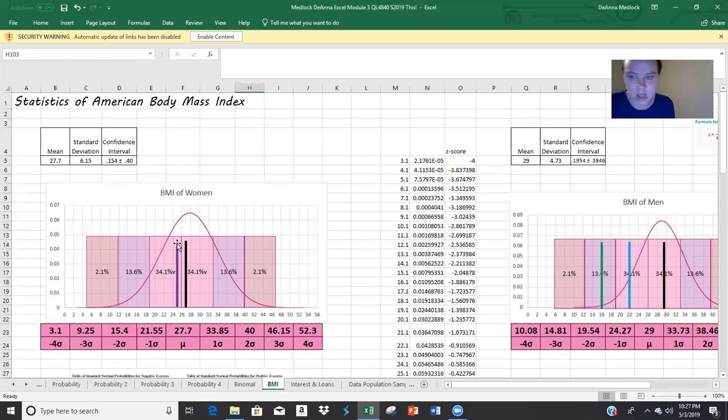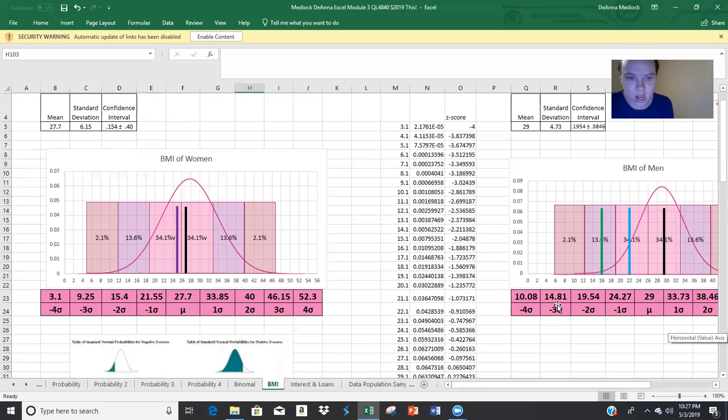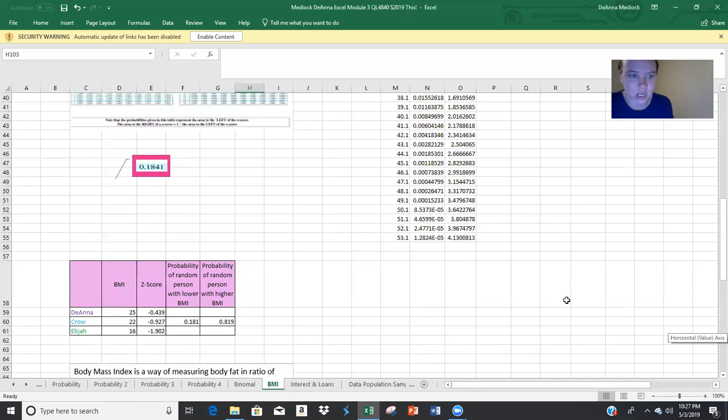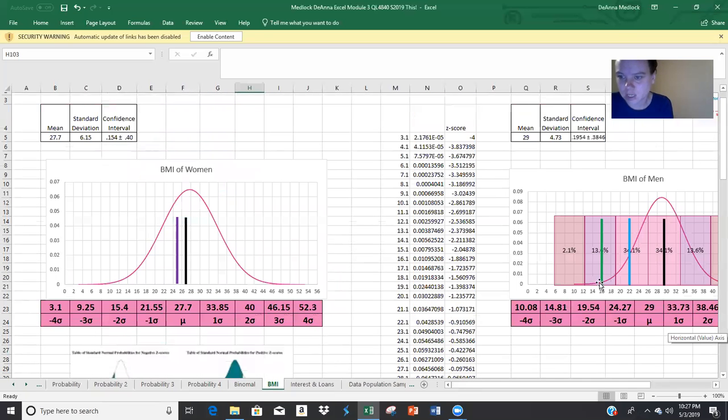And so here I have the black as the mean. This purple represents my BMI score. And then I did who is now 4-year-old Elijah, and his was 16, and he's this green.